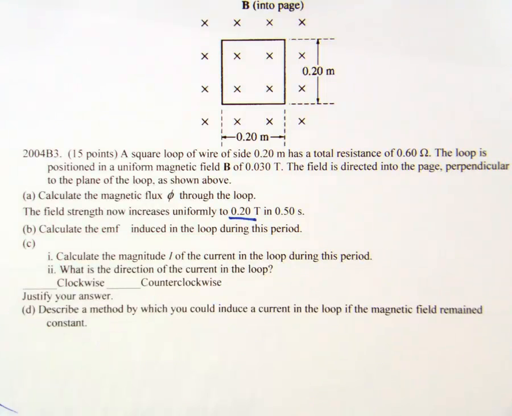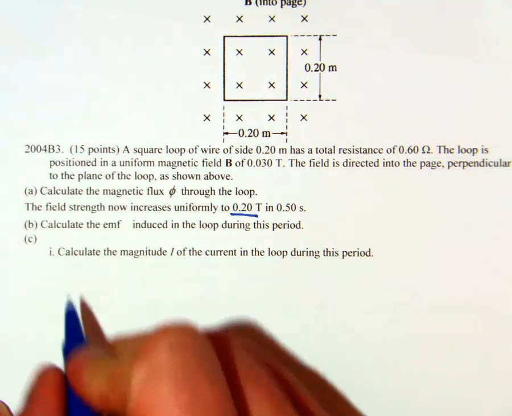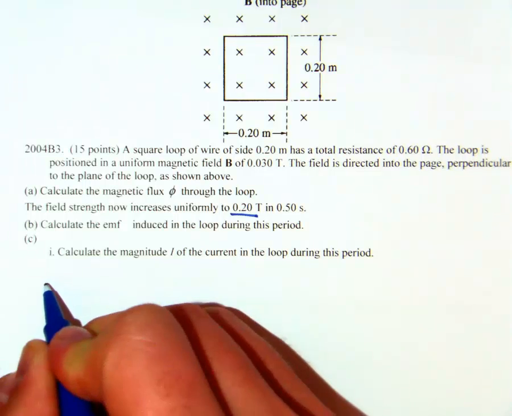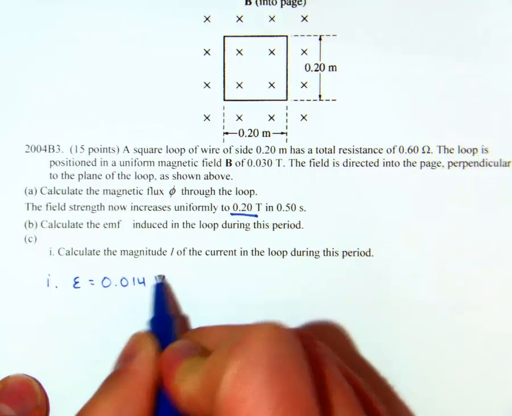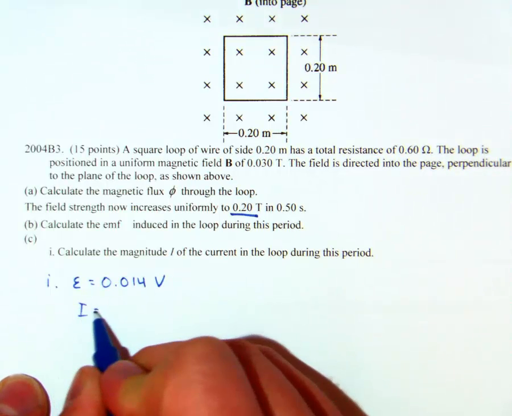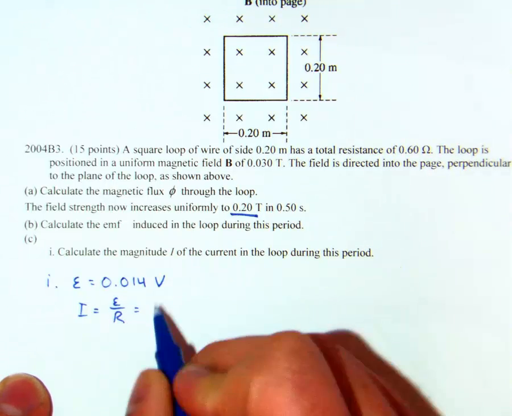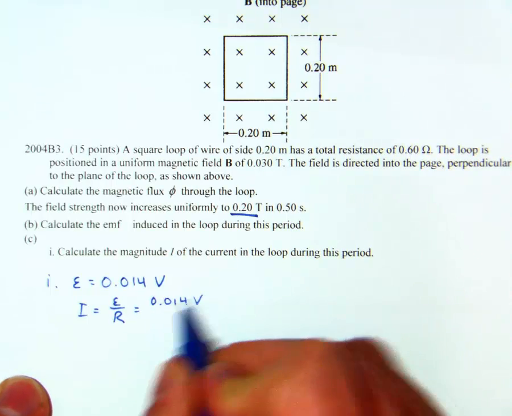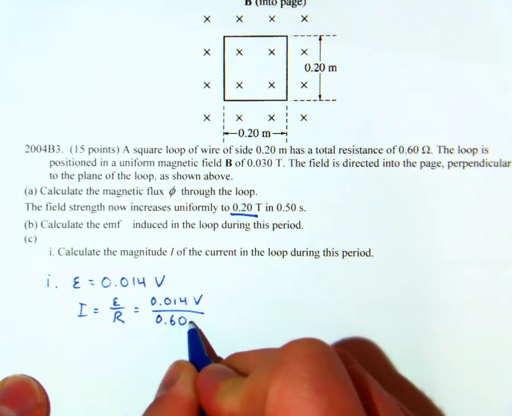Part C says to calculate the magnitude of the current in the loop during this period. I know that my induced electromotive force was 0.014 volts, and Ohm's law tells me that current is voltage divided by resistance, so it's 0.014 volts divided by the resistance of 0.6 ohms.